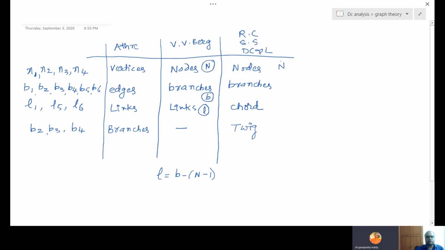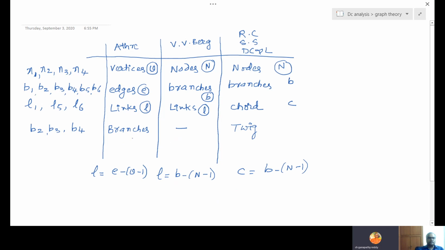Here also nodes N, branches B, chords C. So here C equals B minus N plus 1. Whereas here the confusion: vertices V, edges E, links L. So L equals E minus V plus 1. So this is the confusion.